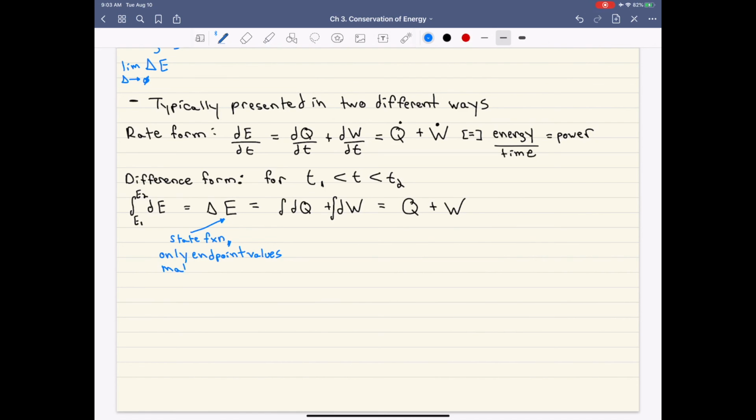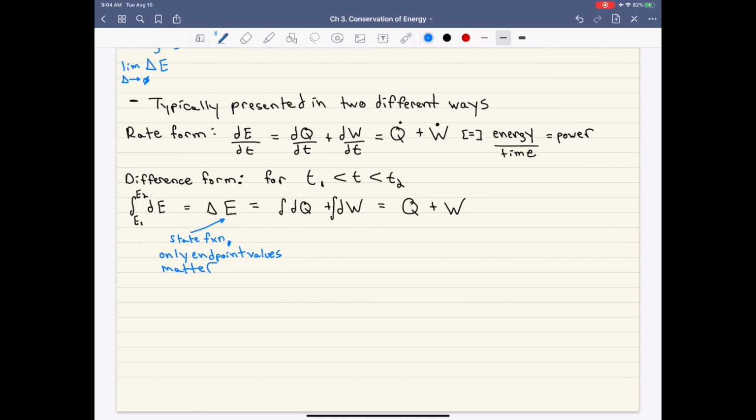So only the endpoint values matter. Okay? And so when I integrated here, I just integrated from whatever the value was at time 1 to whatever the value was at time 2. All right? And so with a state function like energy, only the endpoint values matter.